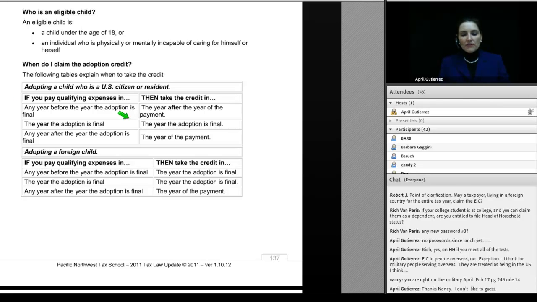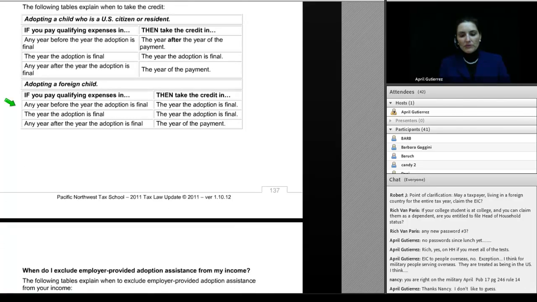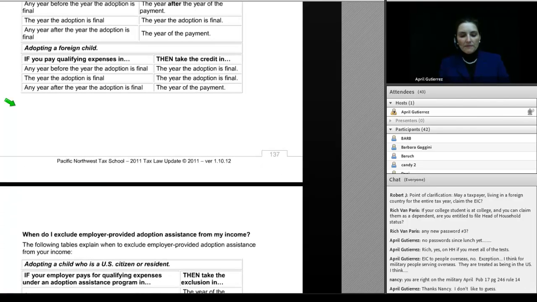If the adoption is not final, you claim the credit in the year after the year of the expense. If it is the year that the adoption is final, then you claim the expense in the year the adoption is final. And if it is paid in any year after the year the adoption is final, then you claim it in the year of payment.